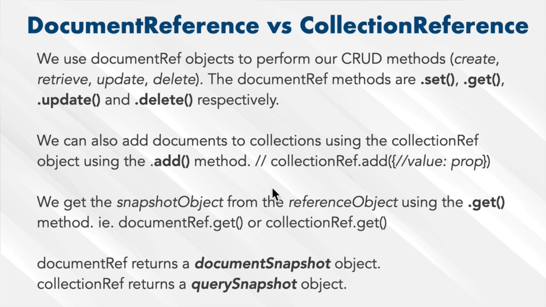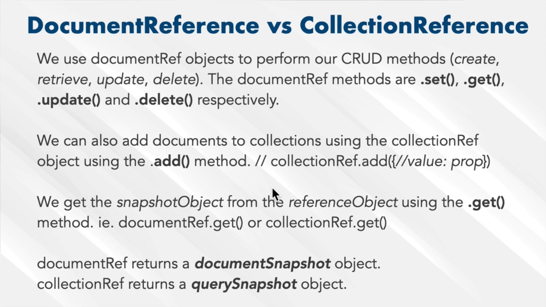Now, the methods that we need to call on the document ref are .set in order to create it, .get in order to retrieve it, .update in order for us to update the data, and then .delete for us to just delete that entry entirely.